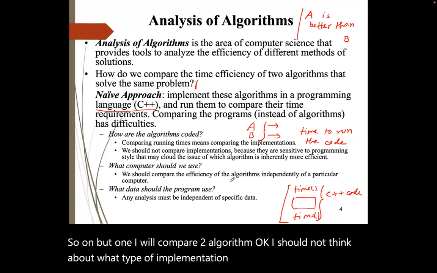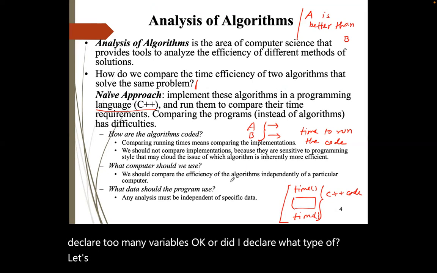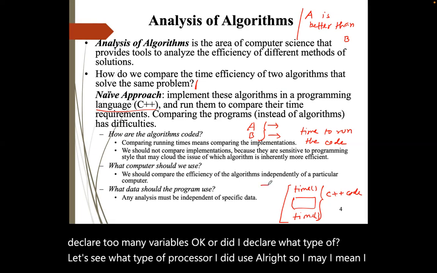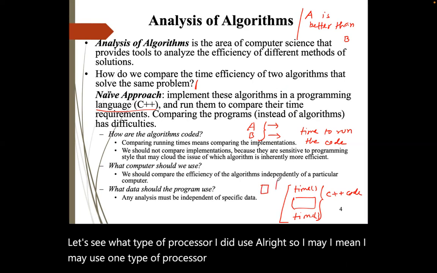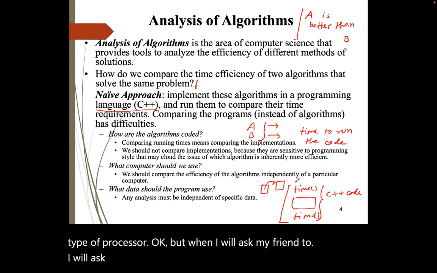For example, did I declare too many variables, or what type of processor did I use? I may use one type of processor and my friend might use another type of processor. When I tell my friend that algorithm A is better, that might not be true for his case.